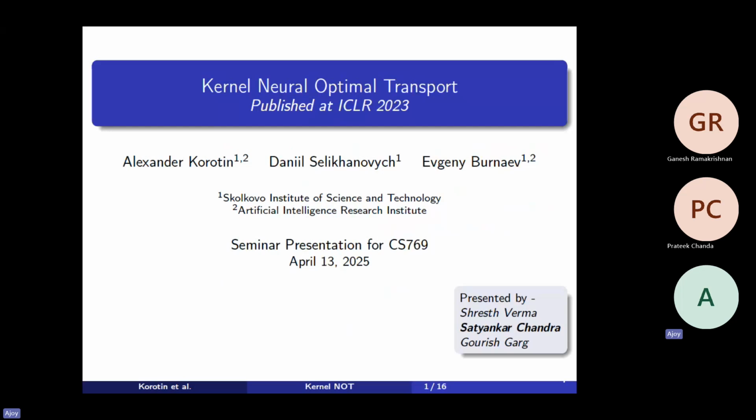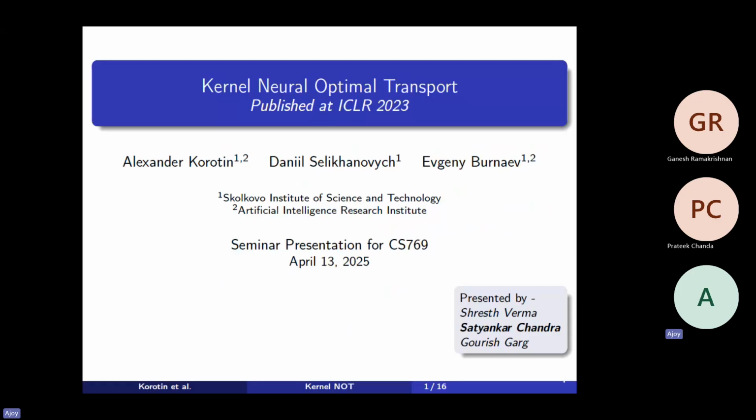So Shresth gave a good overview of the main neural optimal transport paper. The paper I'm going to be presenting is on kernel neural optimal transport. It was a part of ICLR 2023 as well by the same authors, and it's basically the sequel to the previous paper.